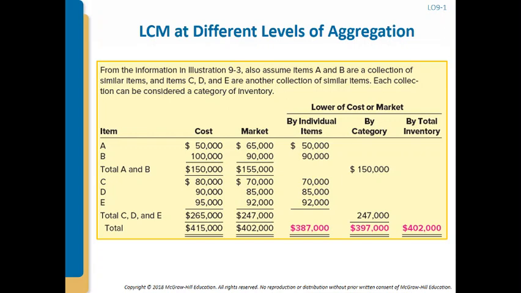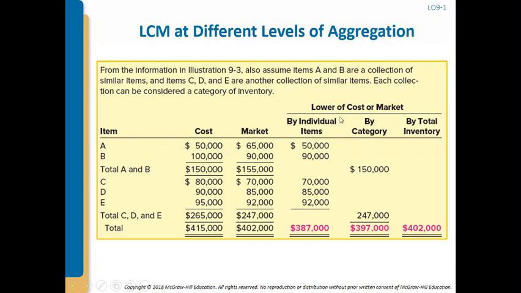And then for total category, your market is going to be 402, whereas cost is going to be 415. So there you're going to have a write down of 13,000. If it was by category, it would be 18,000.